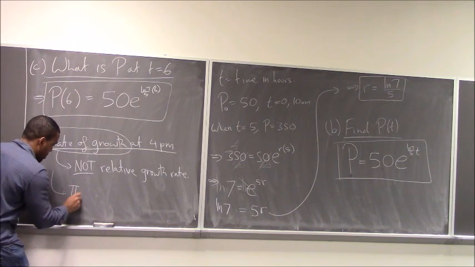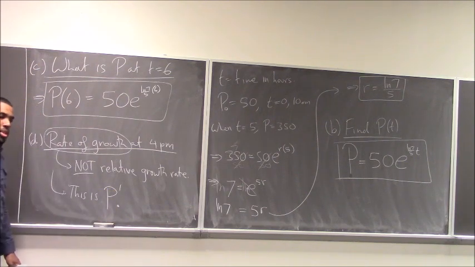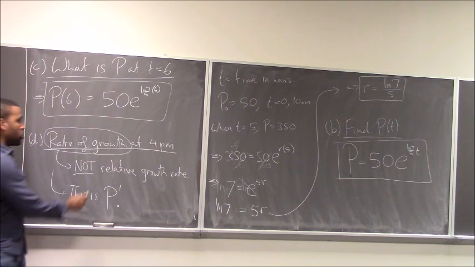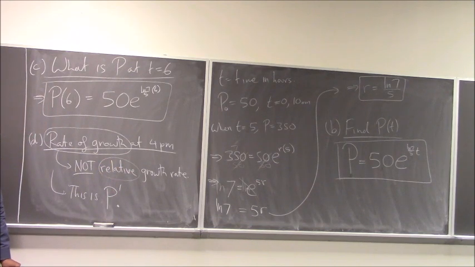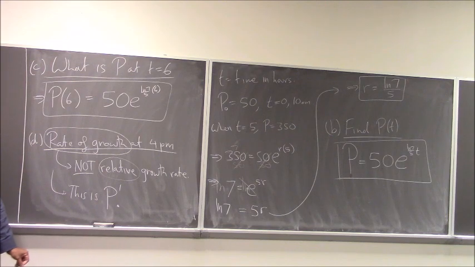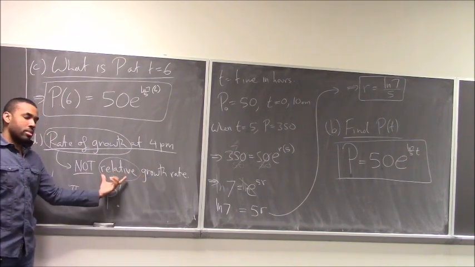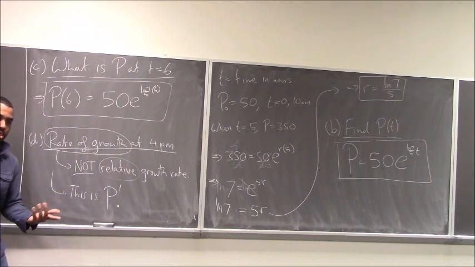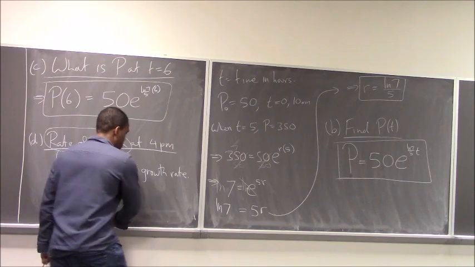This is P prime. So this question is asking about P prime. They have to either use the word relative or say something like growth constant. But if it says rate of growth, or what is the rate of change, that is referring to the derivative. So they can both have growth in the title, but the important thing is knowing whether it's relative growth or overall growth. That's the difference.